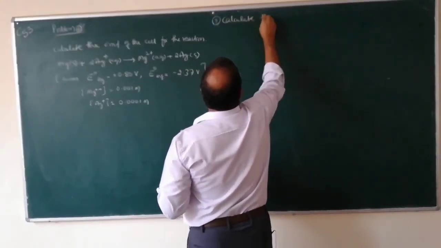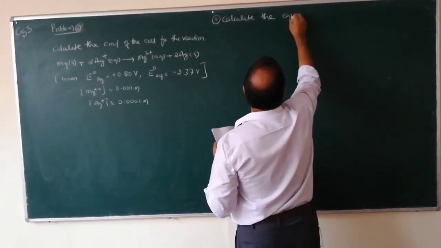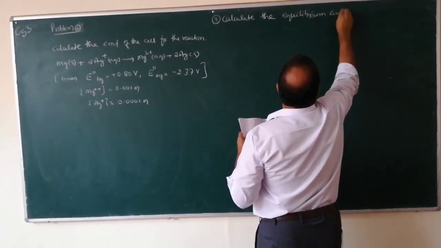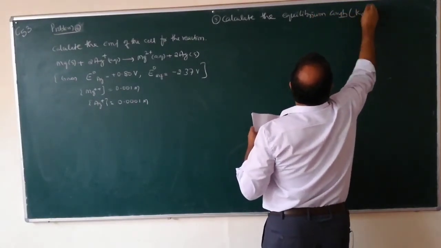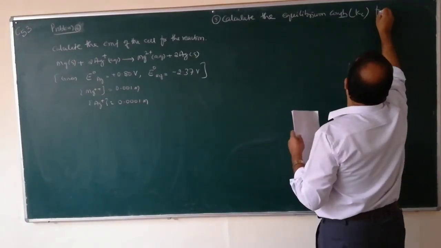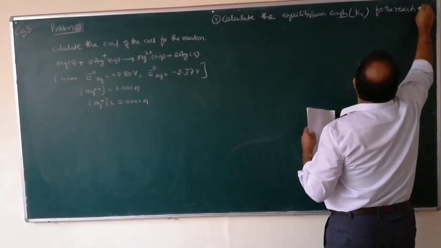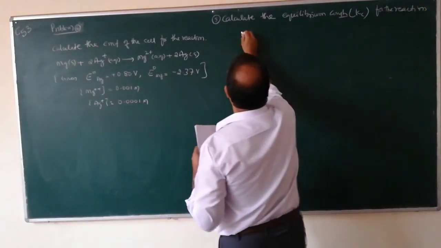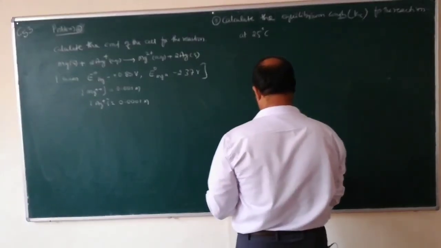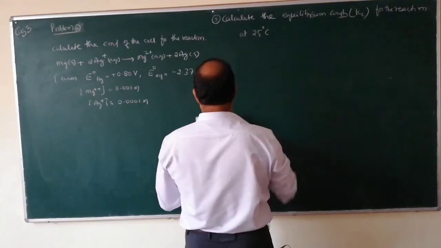Calculate the equilibrium constant Kc for the reaction at 25 degree centigrade. So what is the cell reaction?